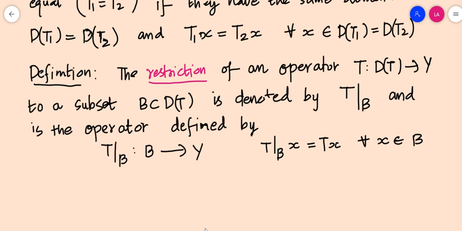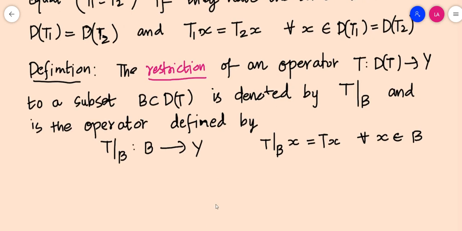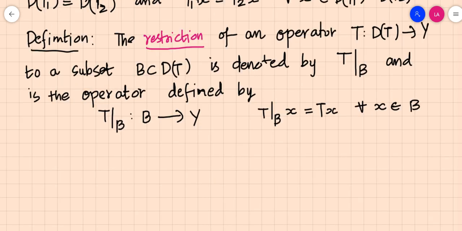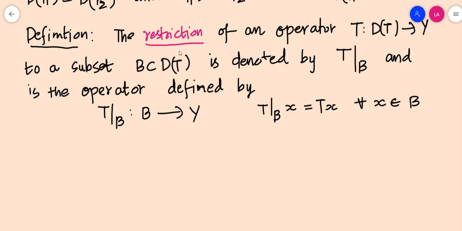And similarly, we can define an extension of the operator. So restriction means we are restricting the operator onto a subset of the domain. Extension means we are extending the operator onto a superset.